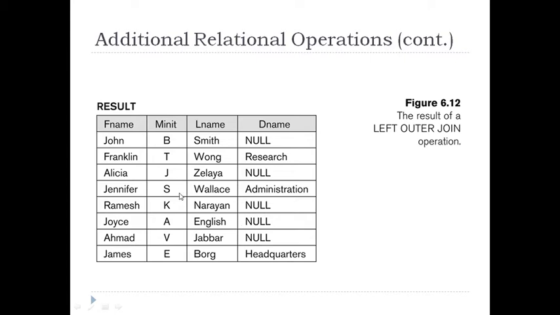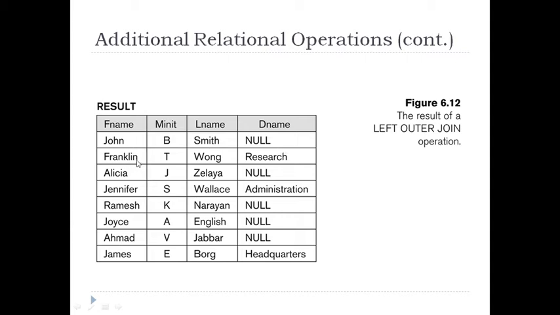Now we'll see the result of left outer join. The result of left outer join is like this. Here I'm just taking the first name, middle name and last name from the employee, and the D name from the department. That means I'm checking whether they are the manager of a particular department.